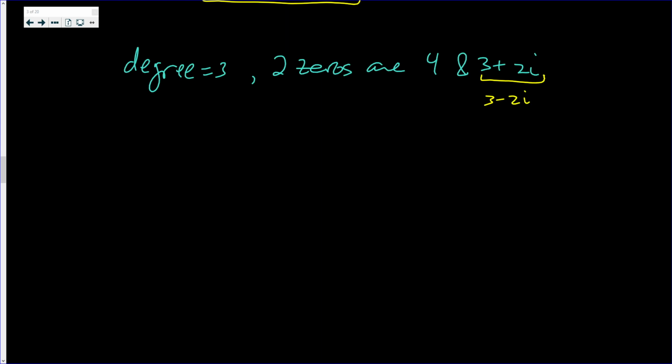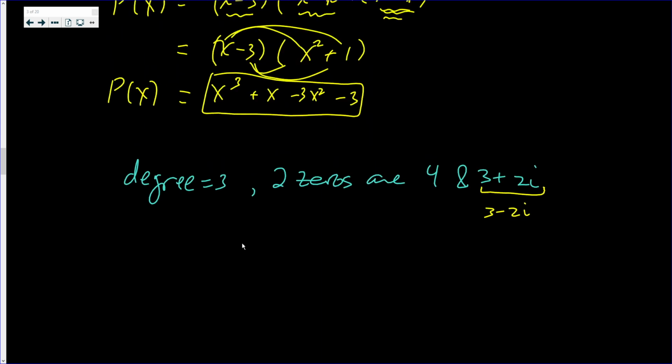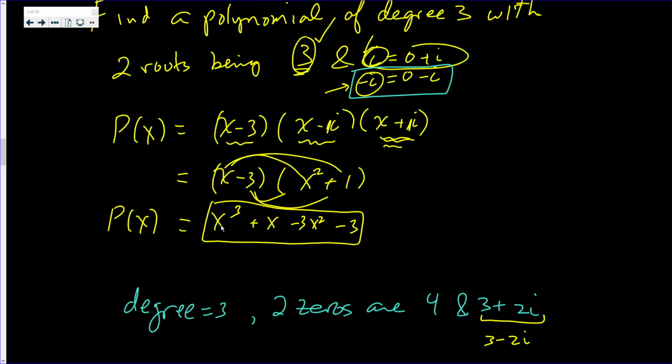Oh, just want to look at one thing in the last problem. What you can do right here is multiply this answer by any scalar you like, 7 or 2 or 9. It's not going to change the fact that this is a 0 at 3 and those zeros are plus or minus i.